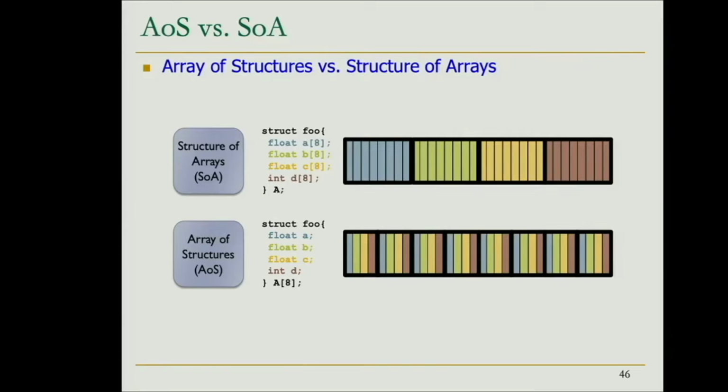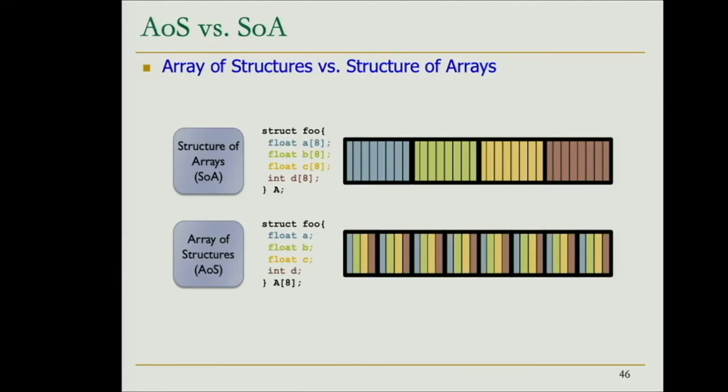This thing, right? Because if I have multiple threads operating on this, in the beginning of my program, I want my threads to access elements of A, so I will have thread 0 here, 1, 2, 3, 4, and so on, right? So they are accessing consecutive memory locations belonging to the same cache line.